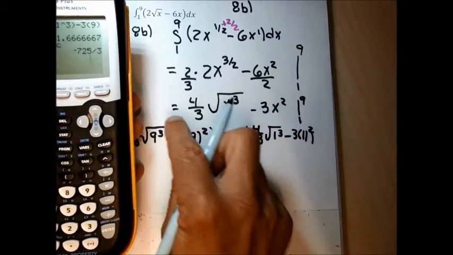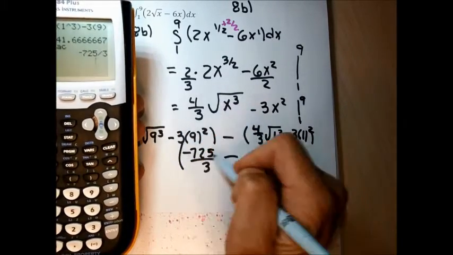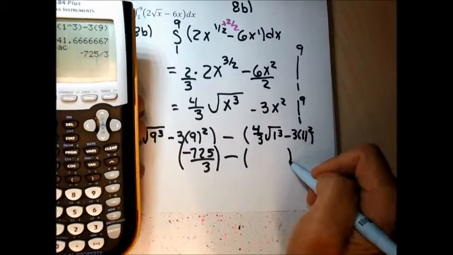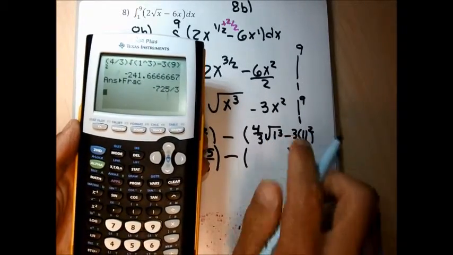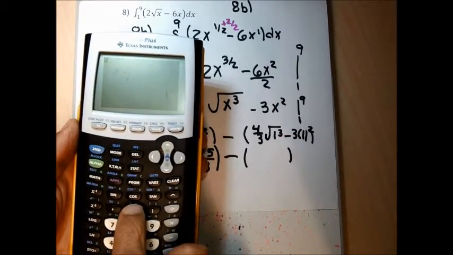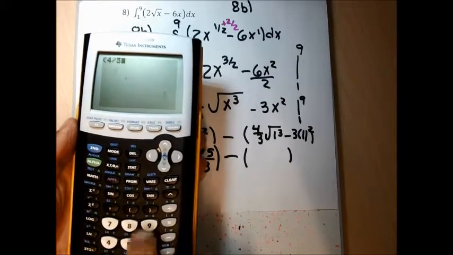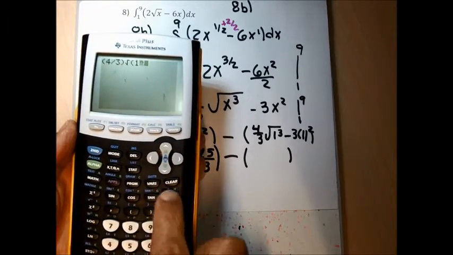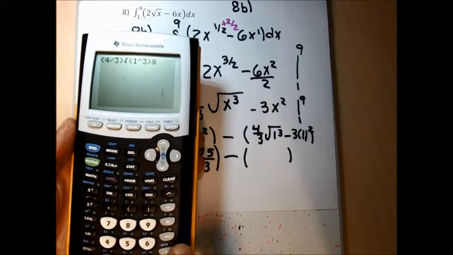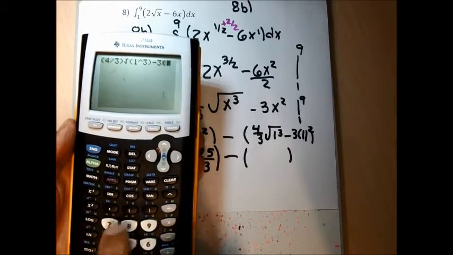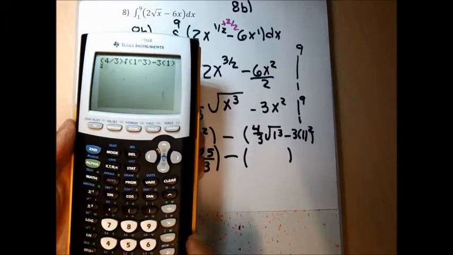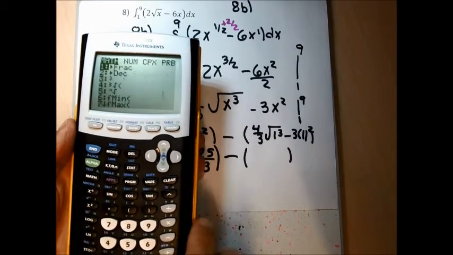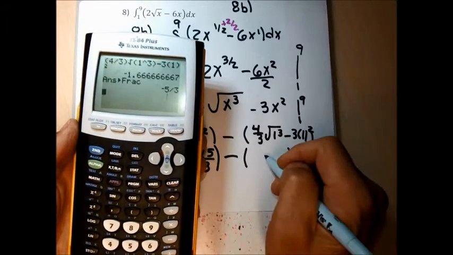I don't need the parentheses anymore, but I can keep it just for safety. Now I'll go to the second one. The second one I do parentheses 4 divided by 3 and then second square root of 1 up arrow cubed, close my parentheses, and then minus 3 times 1 squared, and math enter, because negative 5 over 3.